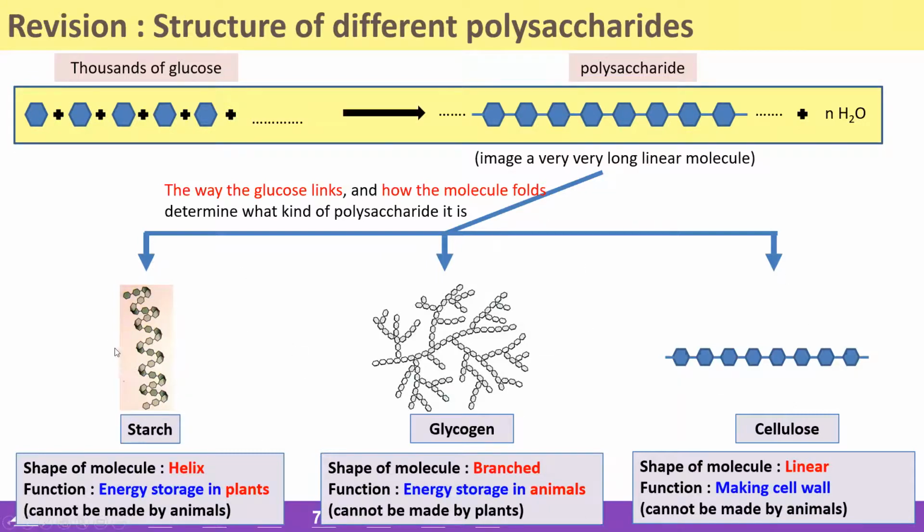Each of them has a special shape and function. And you have to remember that our body can only make glycogen. We cannot make starch, we cannot make cellulose, okay? So how will the carbohydrates in the blood, which now should all be monosaccharides because they are digested, right? So how are they being assimilated?